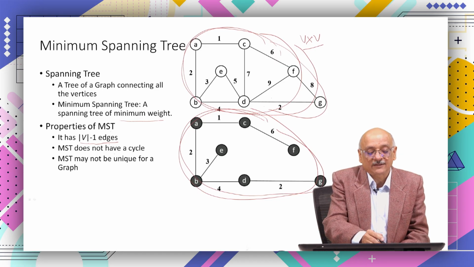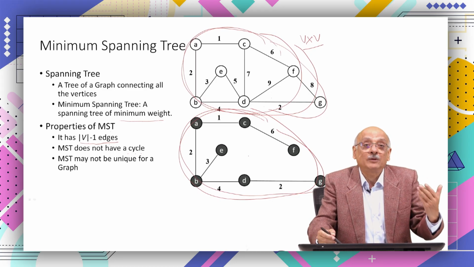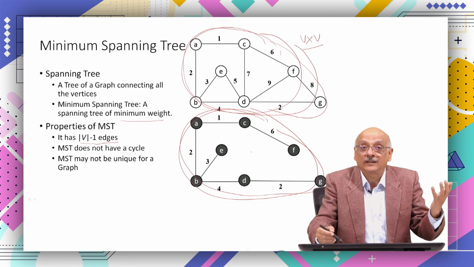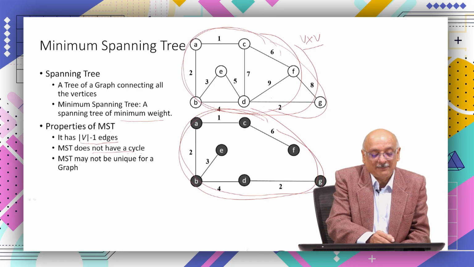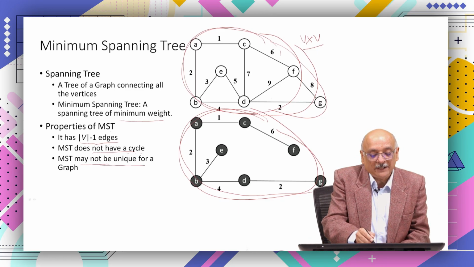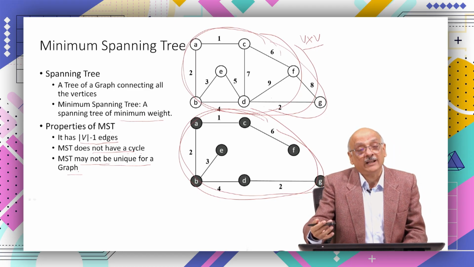Then MST does not have a cycle. Minimum spanning tree never has a cycle. If there is a cycle, the number of edges will be more, right? And in any case, by definition, trees do not have a cycle. And MST may not be unique for a graph. We may get a unique MST in several cases.